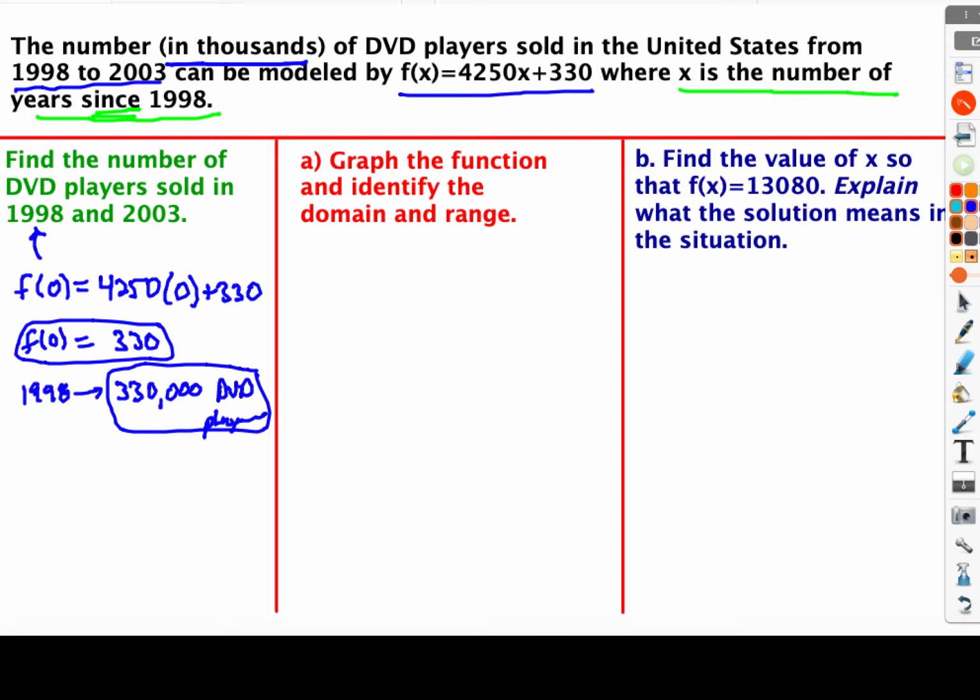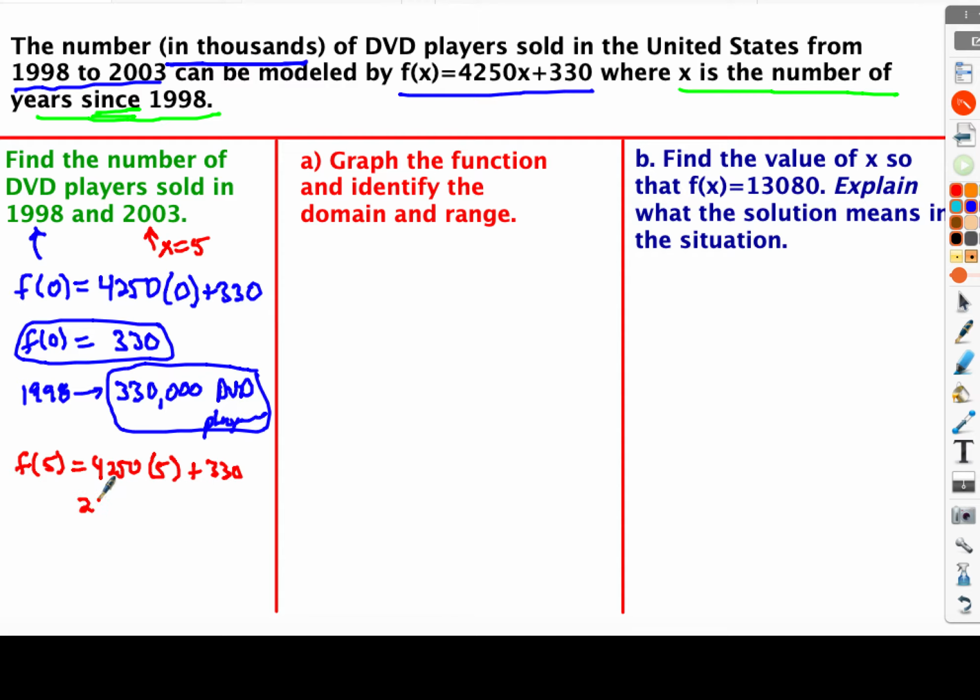Again, if we want to find in 2003, we need to figure out, well, hey, wait a minute, that's 5 years, 2003 minus 1998. I would say that's when x equals 5. So let's find f of 5. So 4250 times 5 this time plus 330.